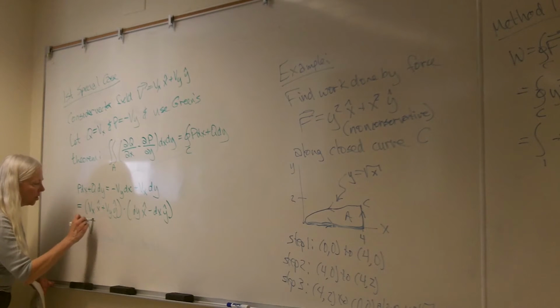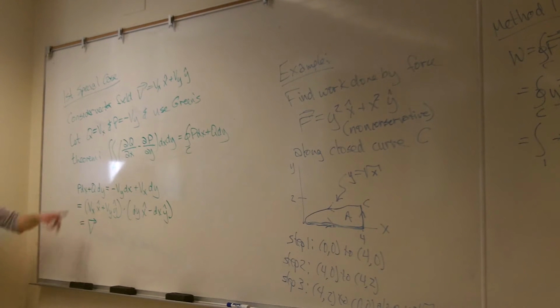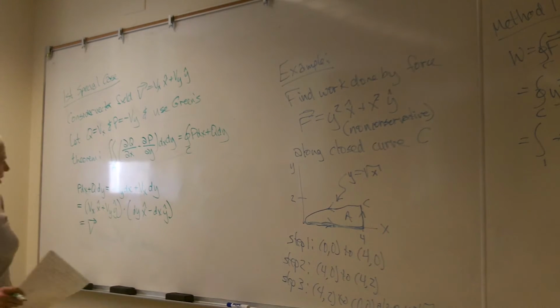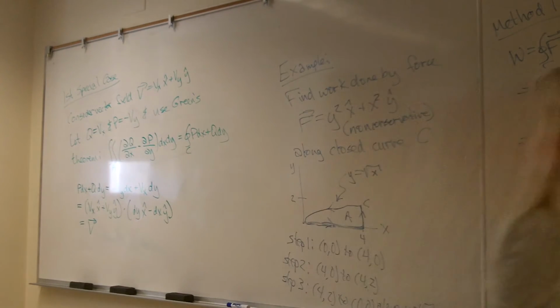Well, clearly this first vector in parentheses here is just the vector v as defined up here. And the dy x hat minus dx y hat looks like the n hat ds vector that I defined over here.